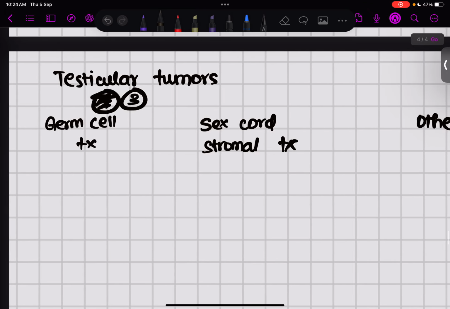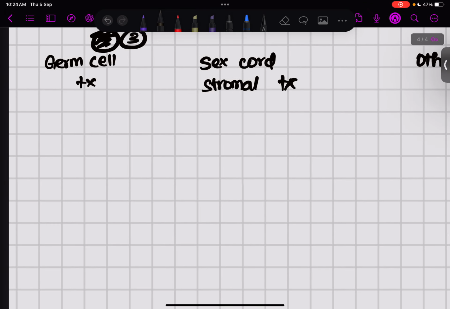Germ cell tumor includes seminomatous and non-seminomatous.